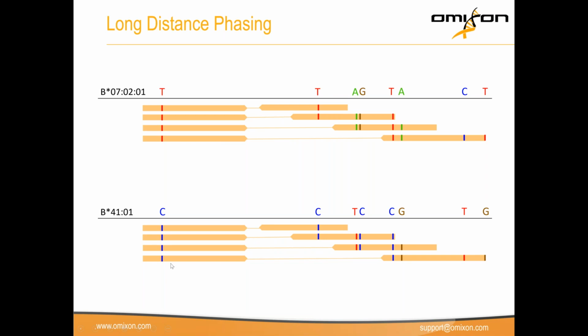Here you have an example of a heterozygous typing, B07 with B41. Based on these paired end sequences, so the sequencing reads belonging to one and the same fragment, the software knows which nucleotides belong to one allele and which nucleotides belong to the second allele.